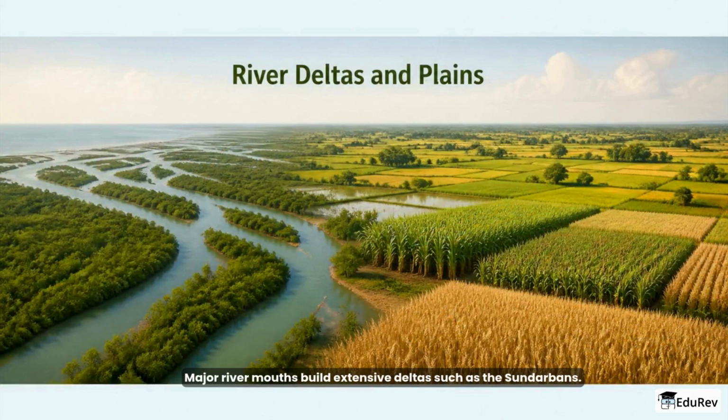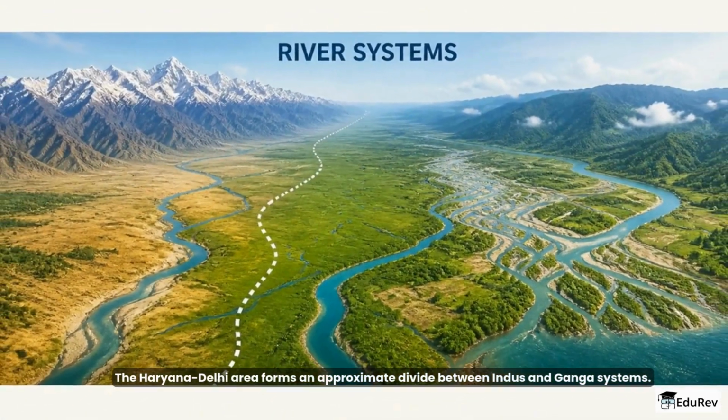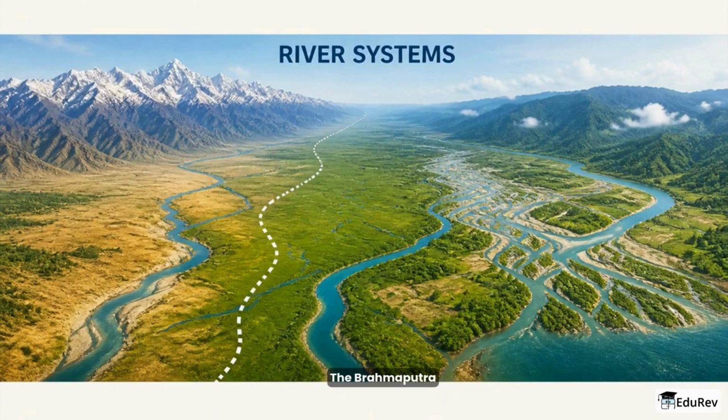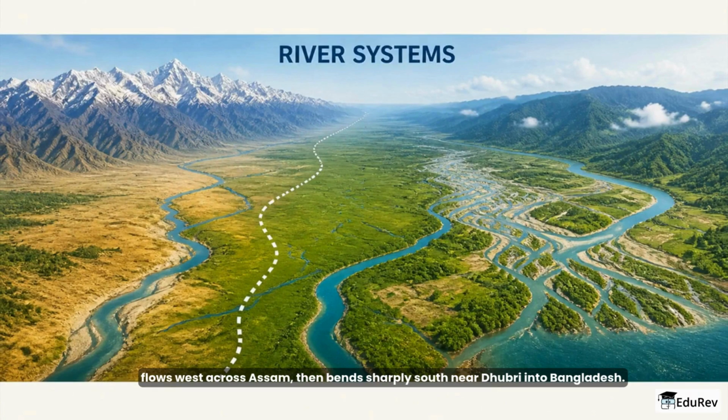Major river mouths build extensive deltas such as the Sundarbans. The plains lie mostly 50 to 150 meters above sea level and grow wheat, rice, sugarcane, and jute. The Haryana-Delhi area forms an approximate divide between Indus and Ganga systems. The Brahmaputra flows west across Assam, then bends sharply south near Dhubri into Bangladesh.